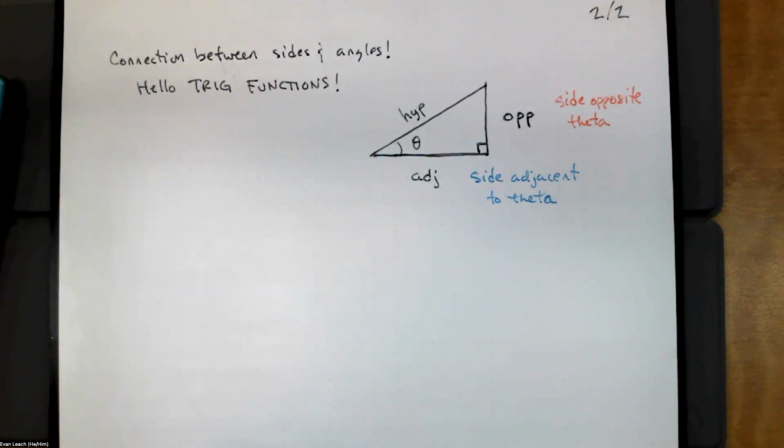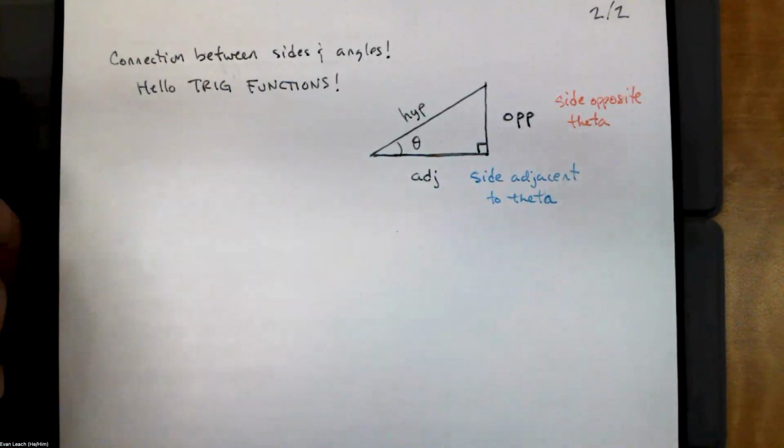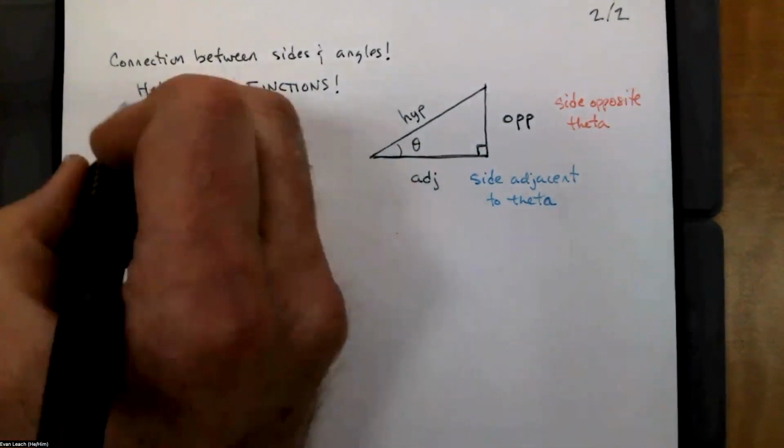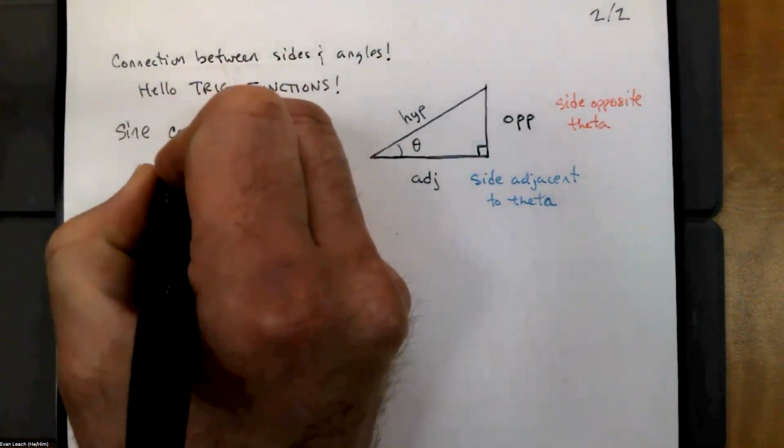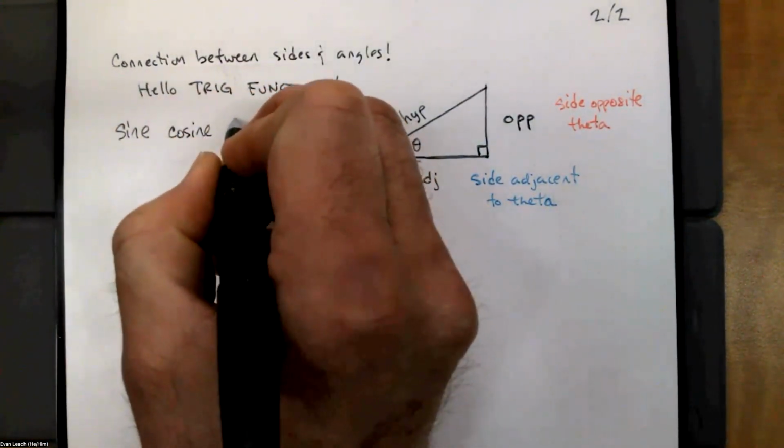The three trig functions that we're going to start with are sine, cosine, and tangent.